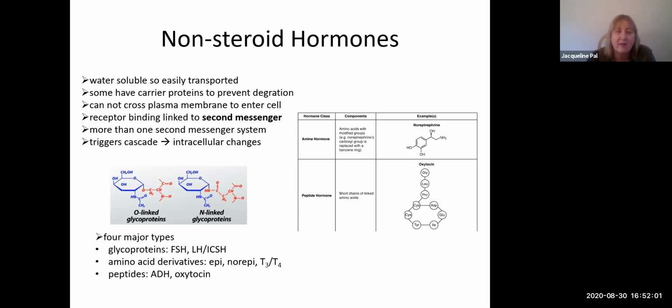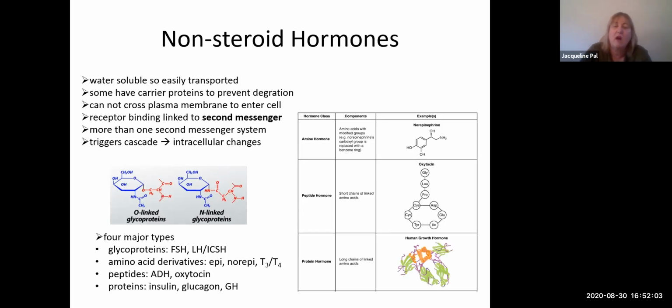And the last category of non-steroid hormones are those that are called proteins. This includes insulin, glucagon, and growth hormone. These are much more complicated structures with a big quaternary structure, as you can see in the drawing here.